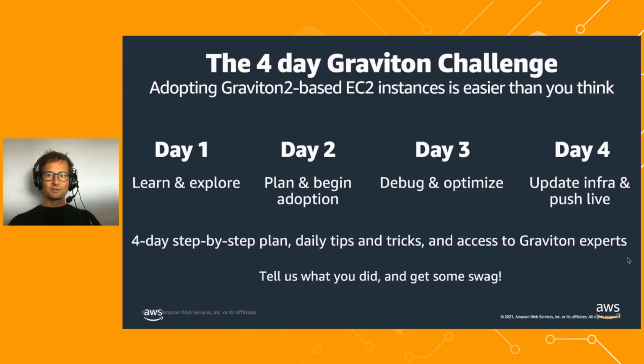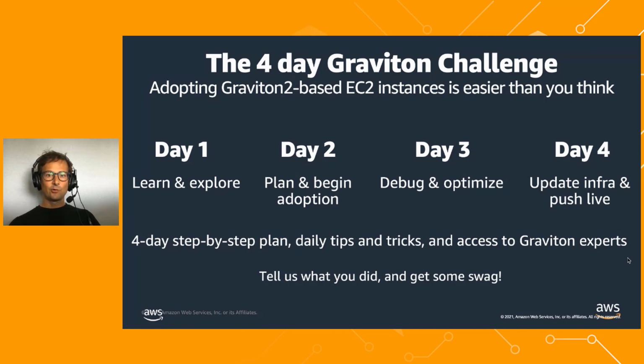During the Graviton challenge, you will go through those 4 days of adoption. The first one, you will learn and explore. The second, you will plan your adoption, begin to set up an environment for it. On day 3, you will debug and optimize your application for Graviton.